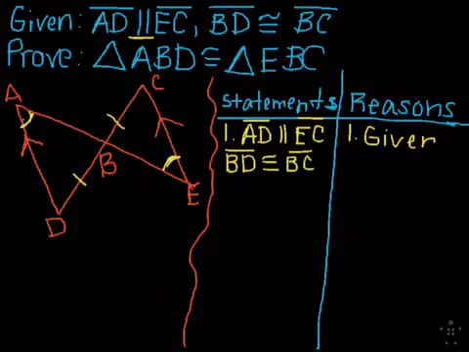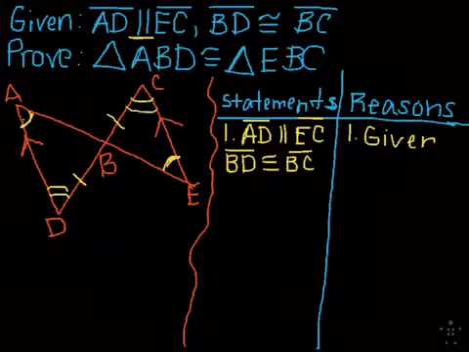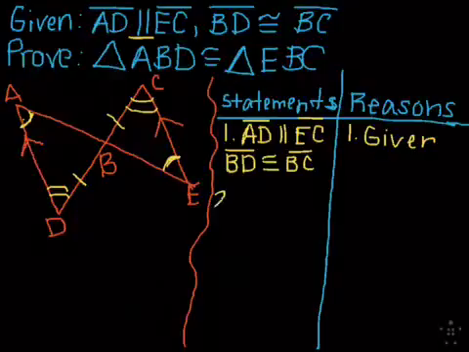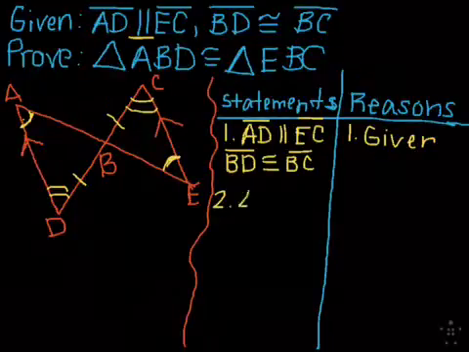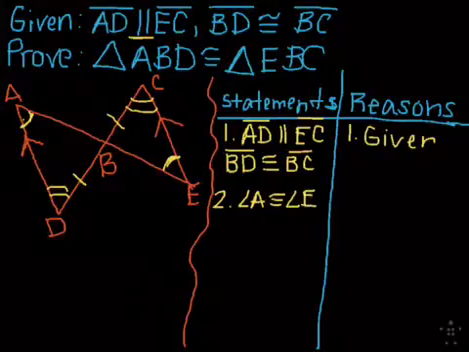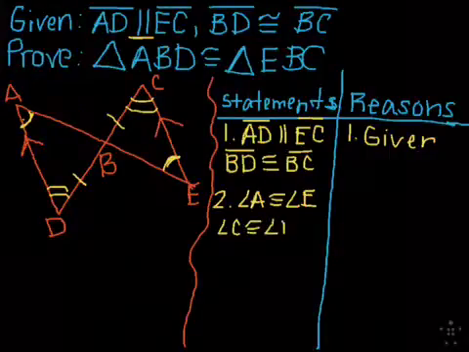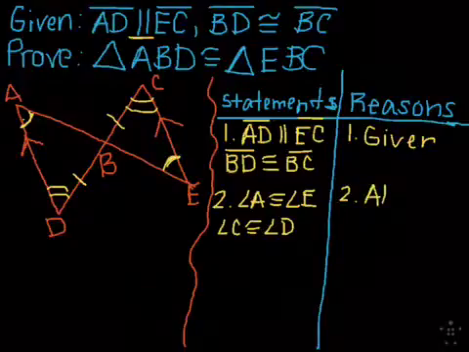I also know that these angles are congruent. So, step number 2. I know that angle A is congruent to angle E. I also know that angle C is congruent to angle D. Okay. By the alternate interior angle theorem.